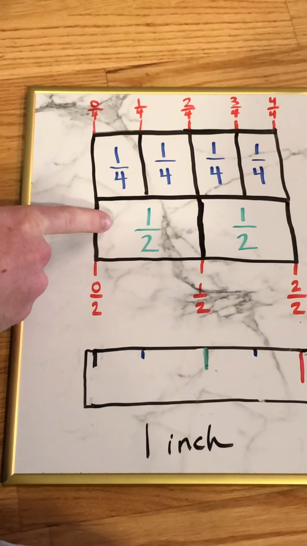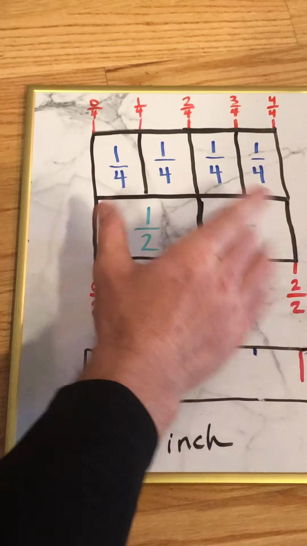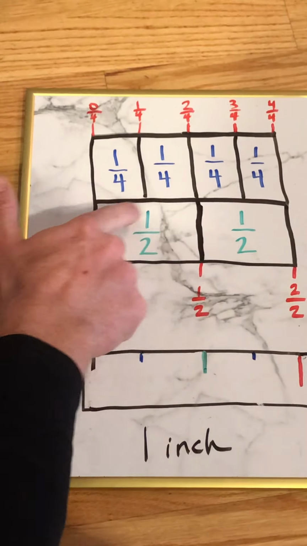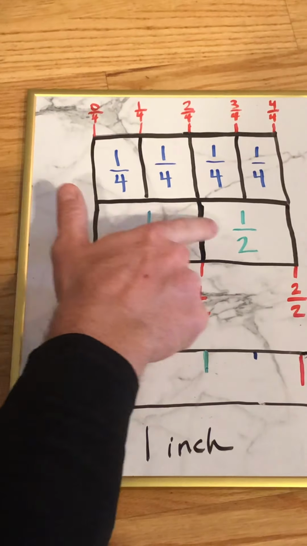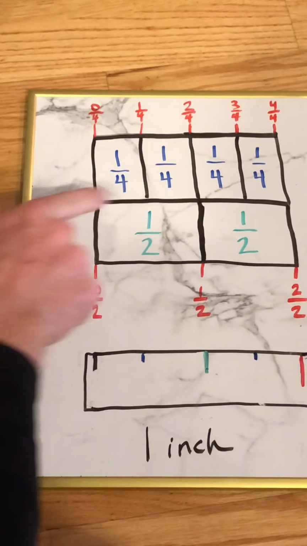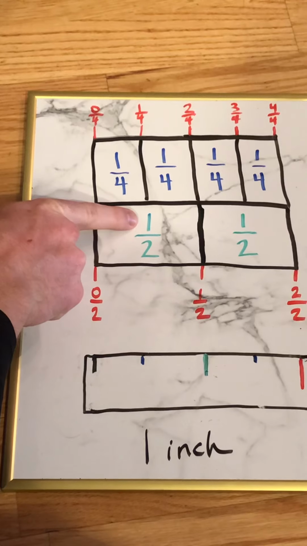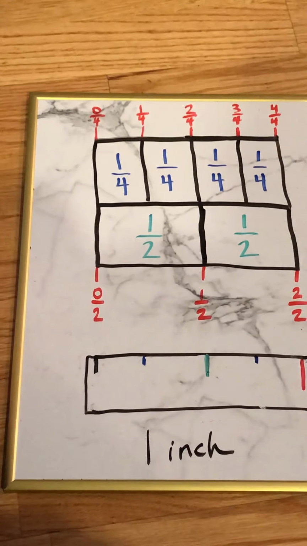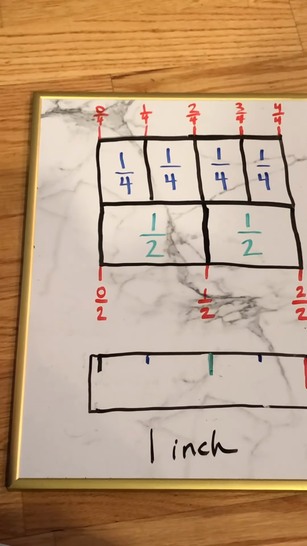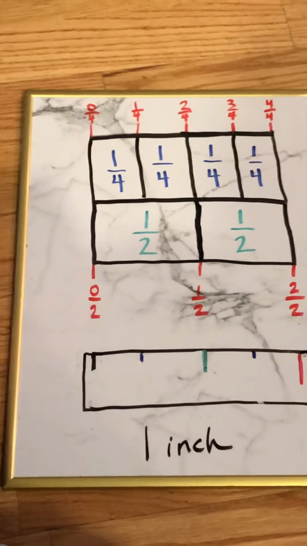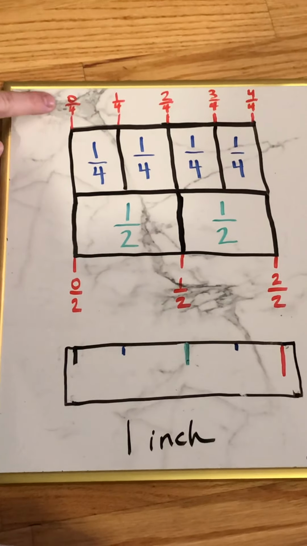And then down here, same size and shape, but I break it into two, though in fractions we don't call them two, we break it in half. Notice that the unit fraction here is 1/2. Now, what I want you to take notice of is where I put in red.